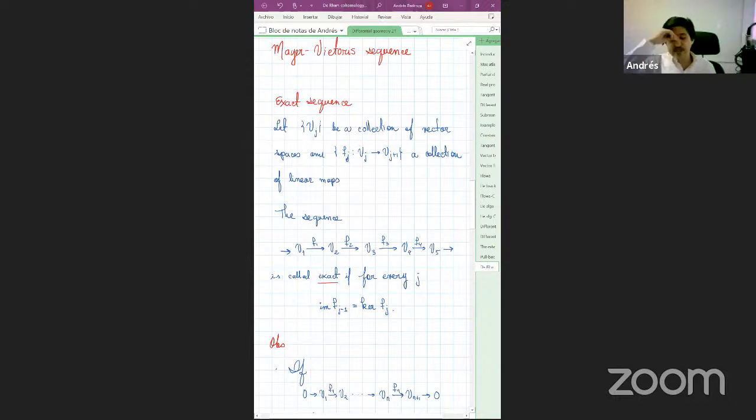For instance, let's assume that I have a sequence like this. It is a finite collection of vector spaces, and I know that this is exact. Then in this case, we can say something about the first map and the last map, if the sequence is exact. But before that, let me just mention this. Usually we write 0 for the vector space that has only the 0 vector.